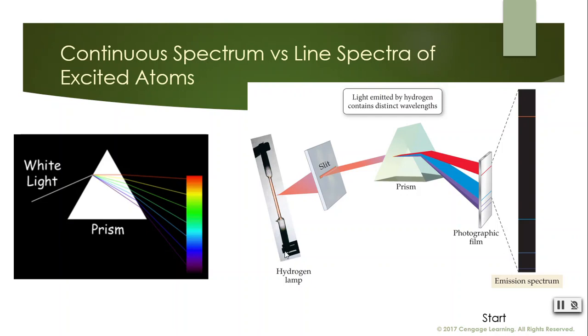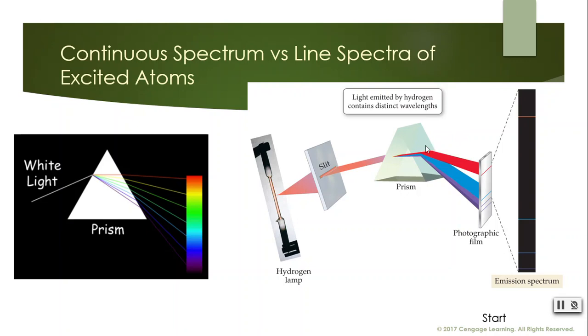If I was to take a lamp of hydrogen gas, excite those hydrogen gas molecules, and focus them through a slit, or separate those components through some kind of detector and the prism, I would see not a continuous spectrum of ROY G. BIV, but I would see that my hydrogen gaseous sample was separated into distinct wavelengths.